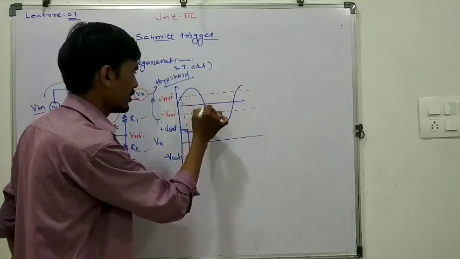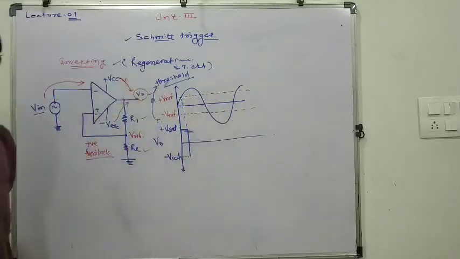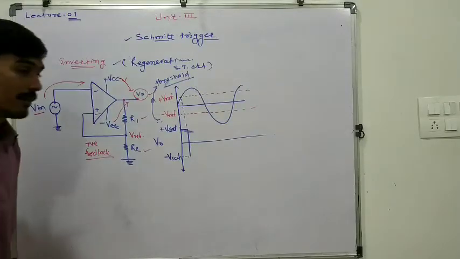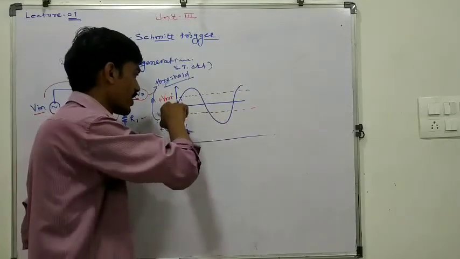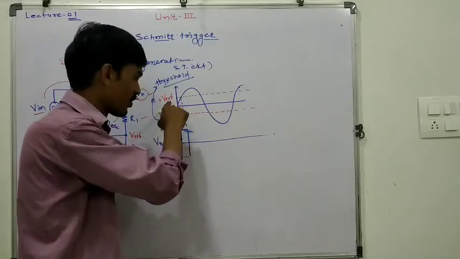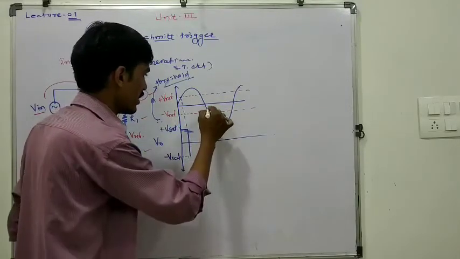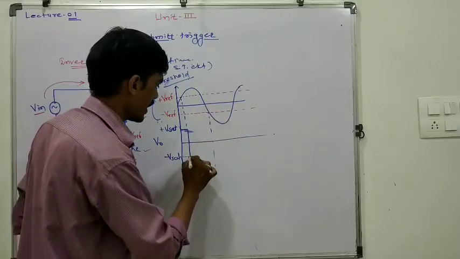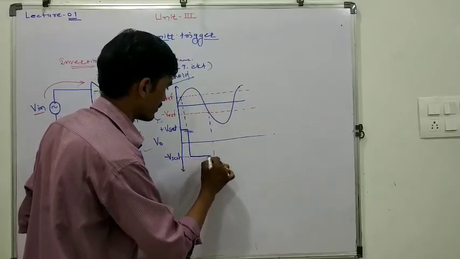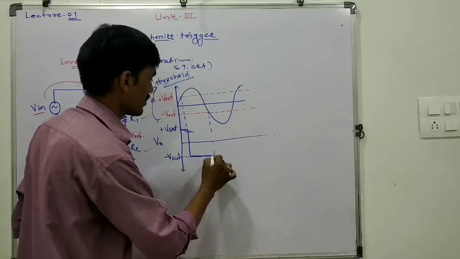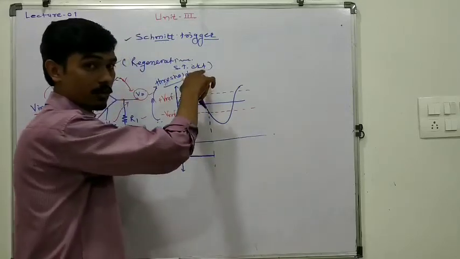And this will continue up to the next threshold. Here, the next threshold means we are not talking about the positive V reference; we are talking about the minus V reference. This will continue straight at the minus Vsat up to the minus V reference, or we can say the negative threshold.